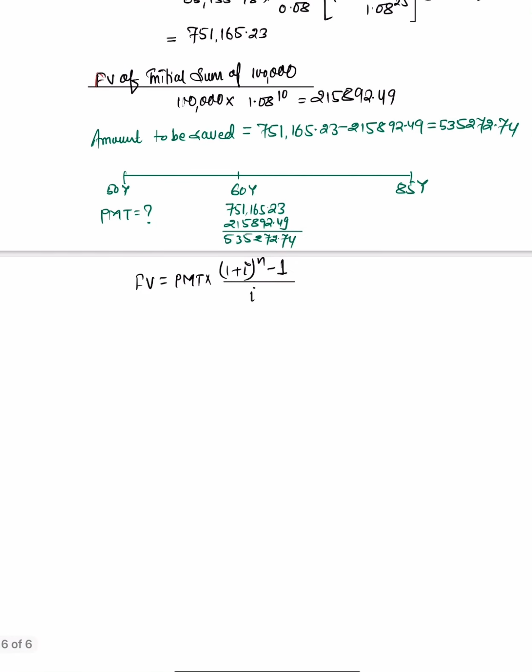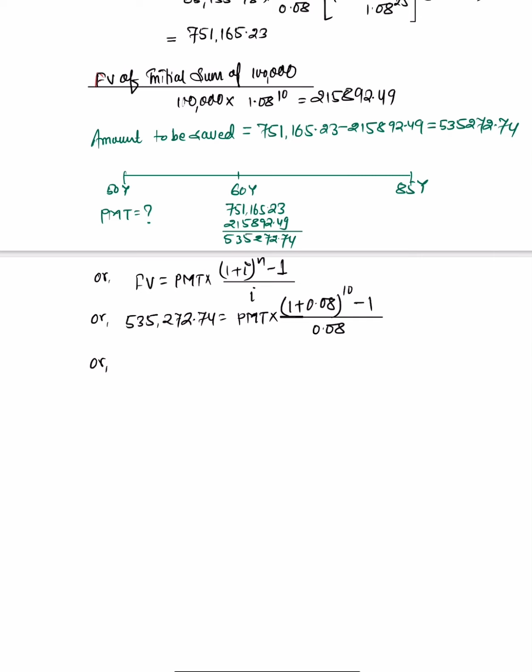Let's fill in the amounts. 535,272.74 equals PMT times (1 plus I, the interest rate, which we consider doesn't change over the 10 years, minus 1) divided by the interest rate 0.08. Always remember that interest rates are represented as fractions. So let's solve this.